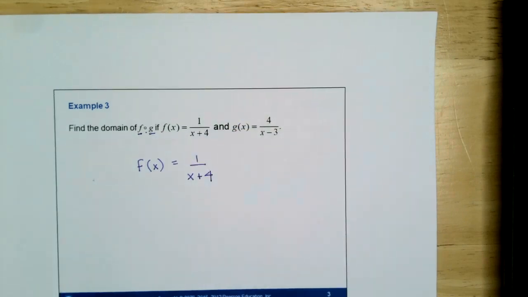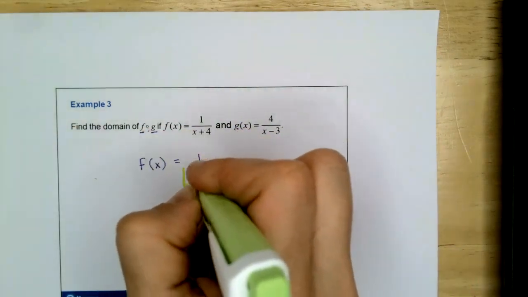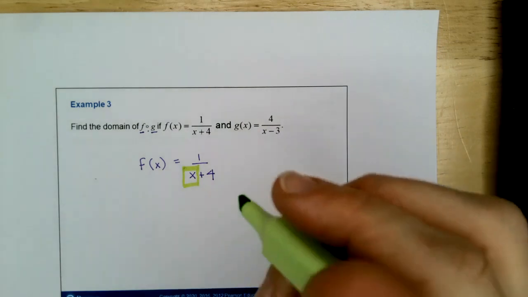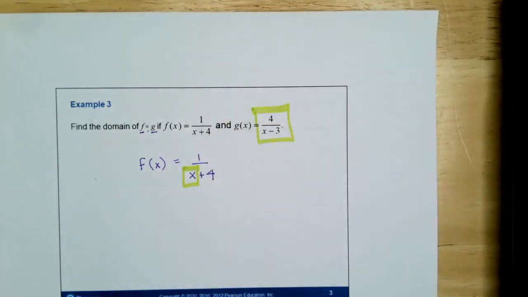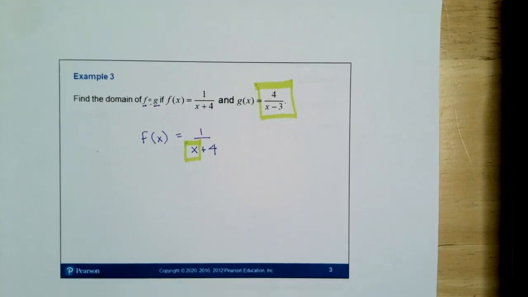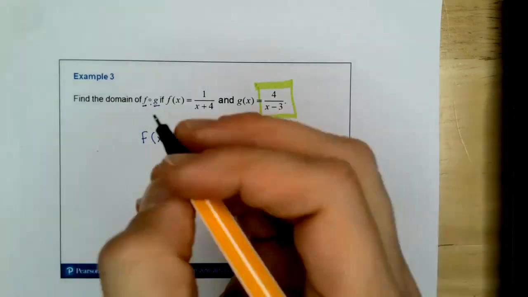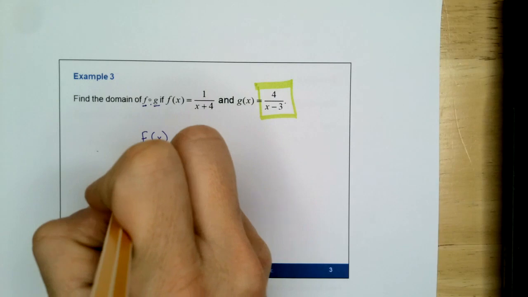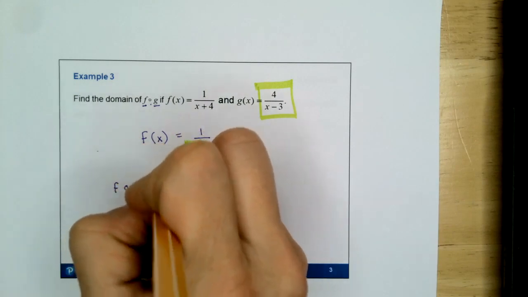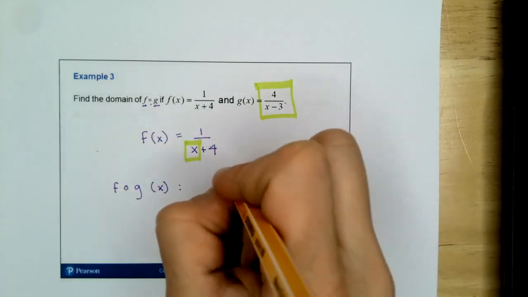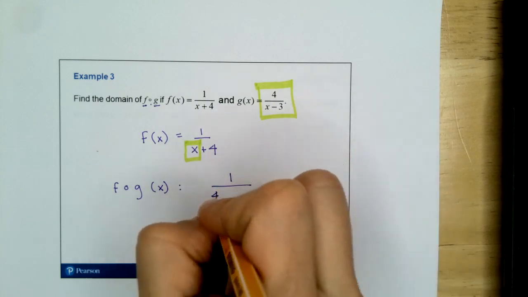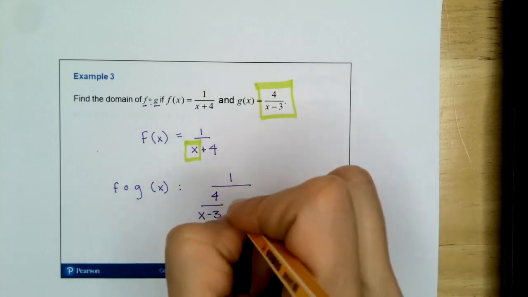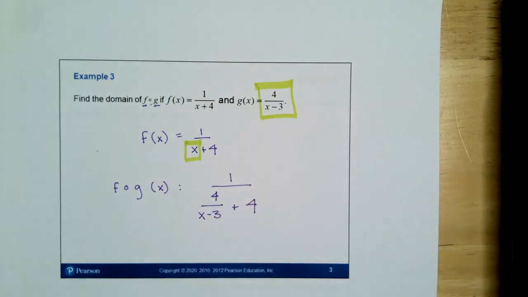but anywhere that there is a variable, we're going to take that and substitute it with all of g. So instead of f of x is equal to 1 over x plus 4, we're going to have f of g of x, which is 1 over 4 over x minus 3 plus 4.